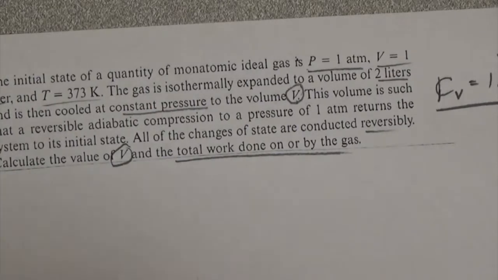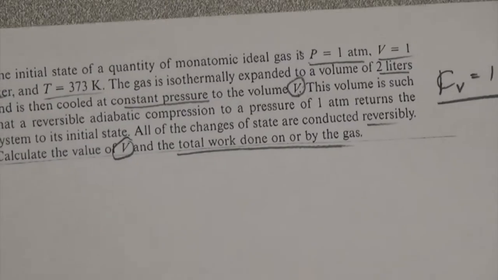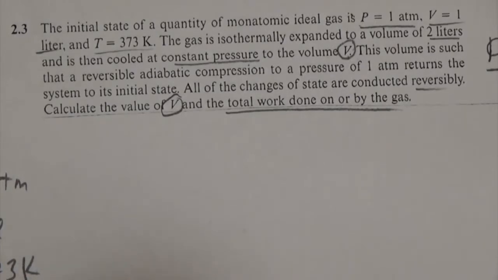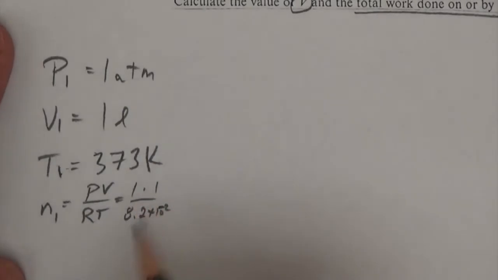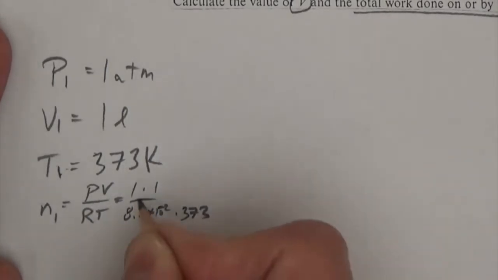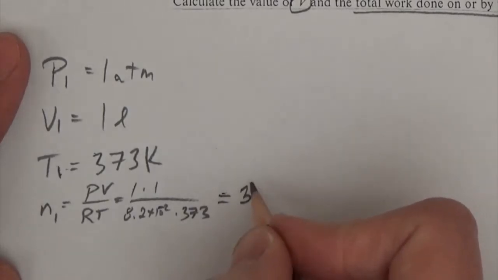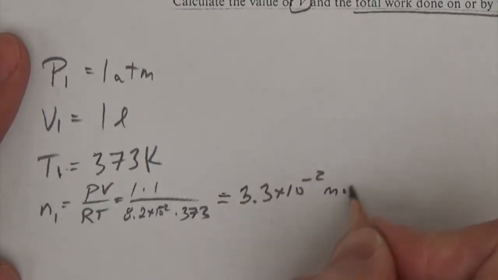T1 is equal to 373 K, which means N1 is equal to PV over RT is equal to 1 times 1 over 8.2 times 10 to the minus 2 times 373 is equal to 3.3 times 10 to the minus 2 mole.